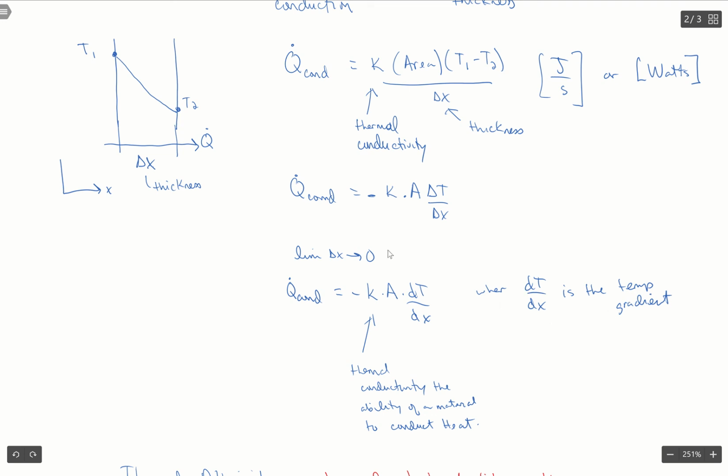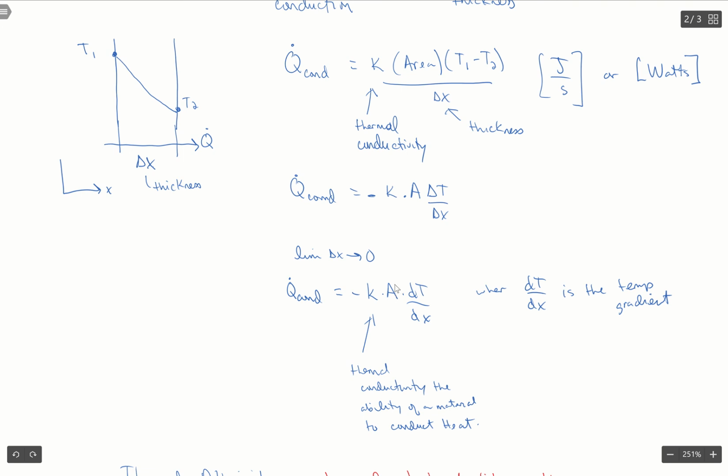It's this slope here. A steep slope would be a larger temperature gradient and would drive a higher rate of heat transfer.